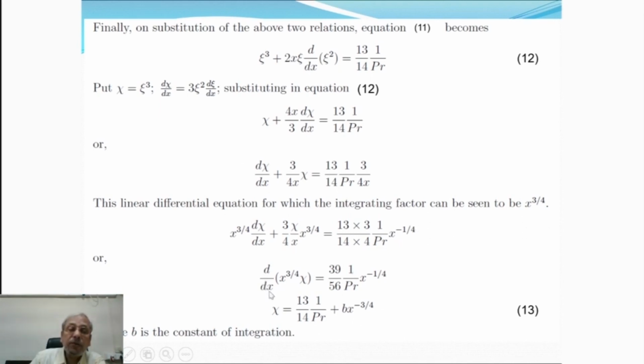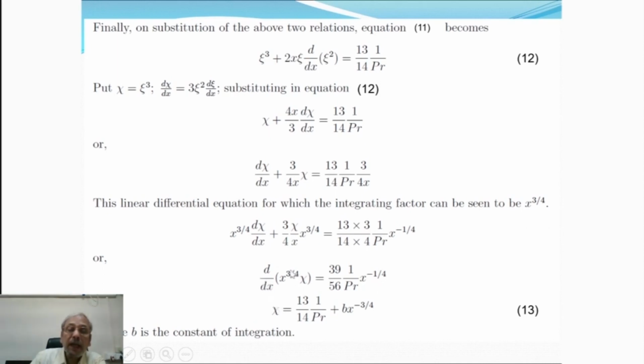So we get a closed form expression: d/dx of x^(3/4) into χ, these two together, equal to 39/56, 1/Prandtl number, x to the power minus 1/4.